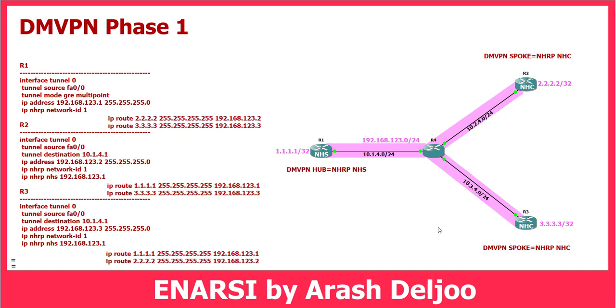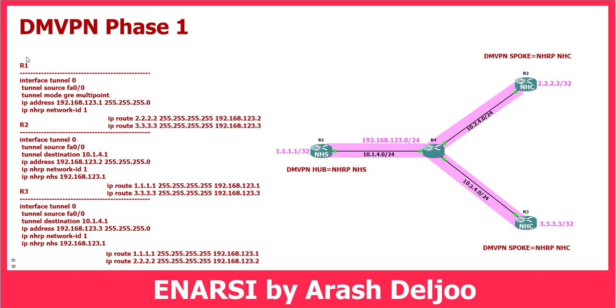You know that we have learned about DMVPN phase 1, and in DMVPN phase 1 on router 1 we have an mGRE tunnel, but on router 2 and router 3, meaning on the clients, we are configuring point-to-point GRE tunnels. Because of that, you know that we are talking about DMVPN phase 1, because we have some differences between DMVPN phase 1, phase 2 and phase 3.